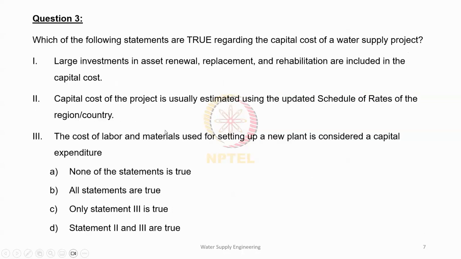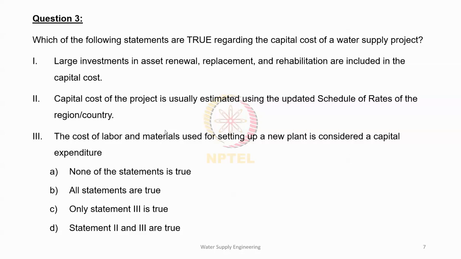Okay. Question number 3: which of the following statements are true regarding the capital cost of a water supply project? Statement 1: large investments in asset renewal, replacement, and rehabilitation are included in the capital cost.